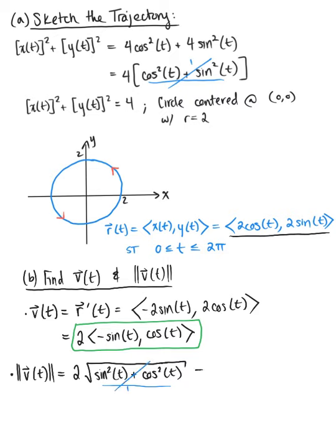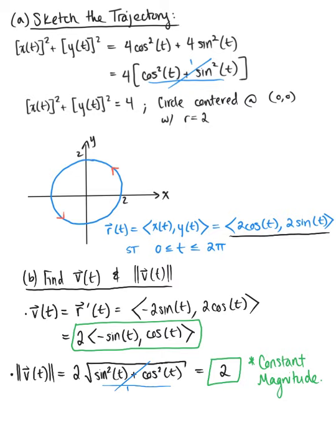So this leaves us with a speed of 2. So we can see here that the velocity has a constant magnitude. We have a constant magnitude, a constant speed.